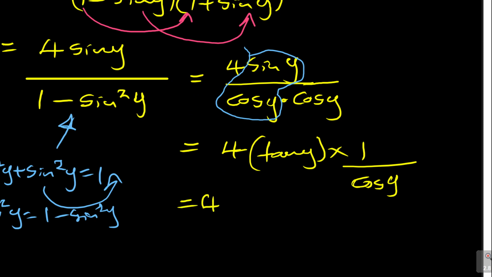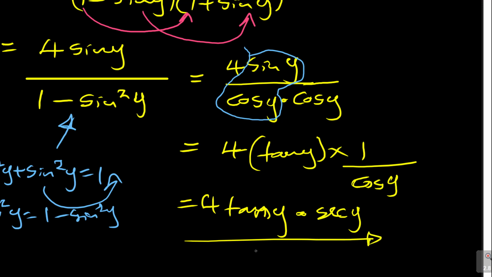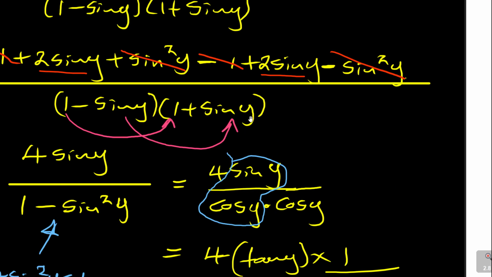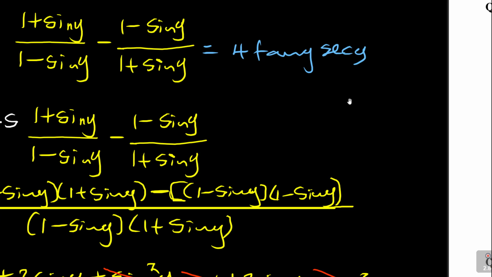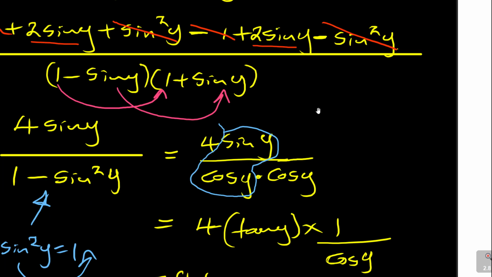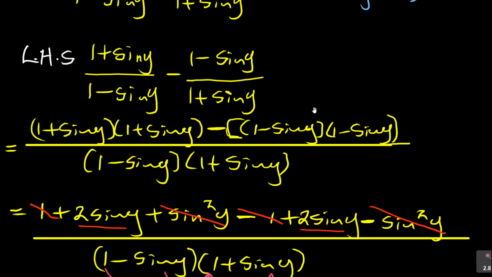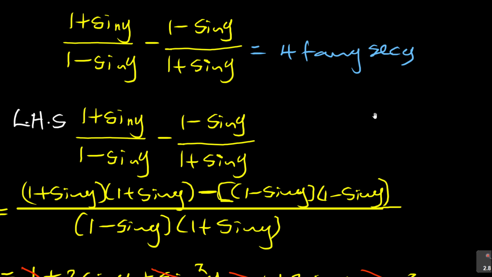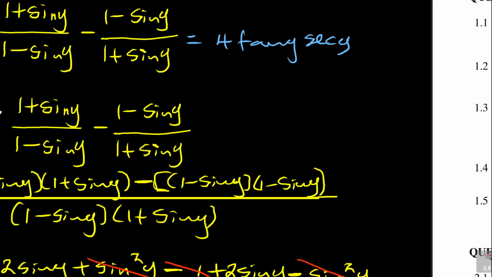So this is 4 tan y times sec y. Alright, so I think we have to check our beginning for 4 tan y sec y, and then we can conclude that this is our right hand side. So this is equal to our right hand side. So we proved it. Not complicated, not difficult. It was just standard. That's the simpler method that we could have followed on that.